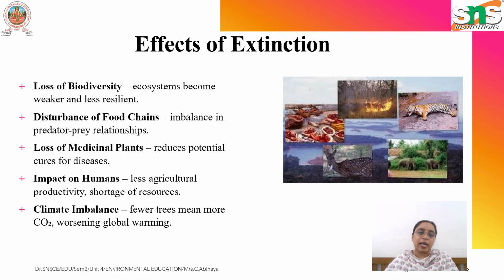And then climate imbalance is the main thing. Fewer trees mean more carbon dioxide, which increases global warming. Already we have discussed global warming, which is an alarming issue in today's world. So extinction is not just about losing plants and animals, it is about threatening the survival of human beings themselves.